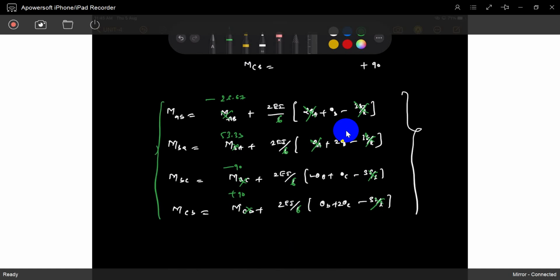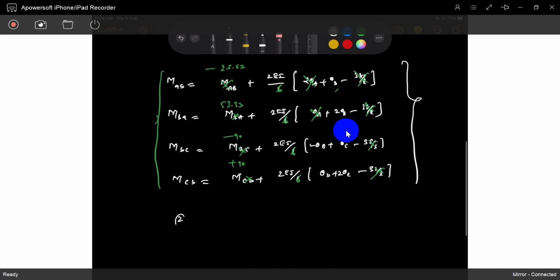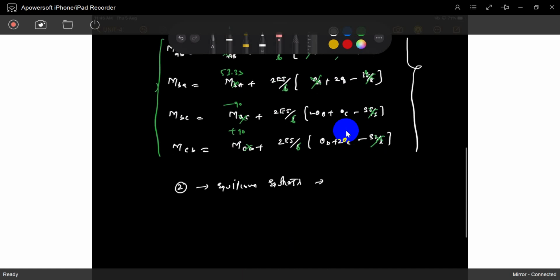How can you solve? If you see, theta B and theta C, two unknowns are there. So we require two equilibrium equations. What are the two equilibrium equations? Those are the joint B and joint C equilibrium equations.